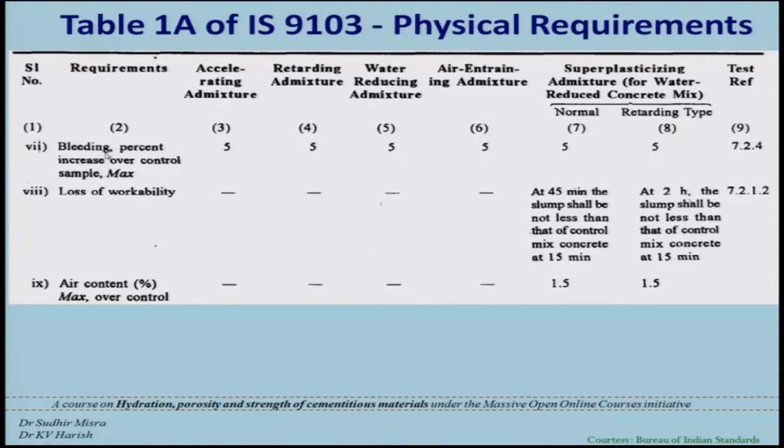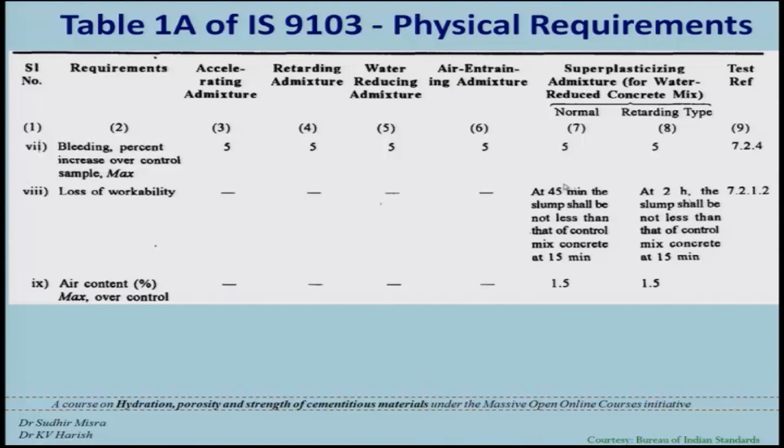Last three, bleeding percentage values are shown, loss of workability and maximum air content. So, they are shown here. For bleeding percentage, 5% is specified for any of the chemical admixtures used. Loss of workability, we do not have values specified for the first 4 admixtures.